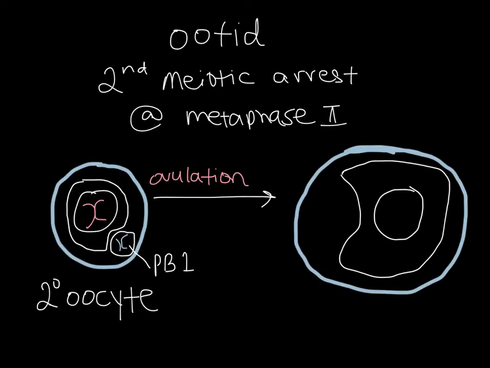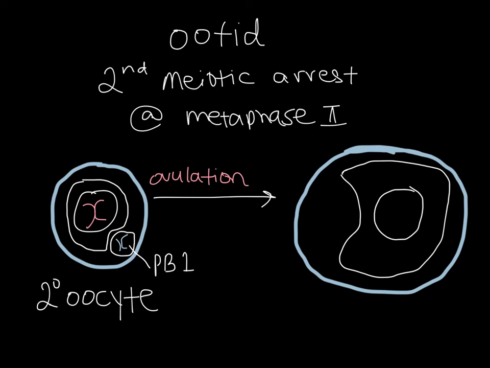And to be clear here, this is a secondary oocyte. It will begin meiosis 2 and will enter nuclear arrest, just like we explained before, at metaphase 2 this time. While it's arrested at metaphase 2, this will ovulate. This oocyte, well, it's on its way to becoming an ootid at this point, will ovulate, and you'll have this as the result.